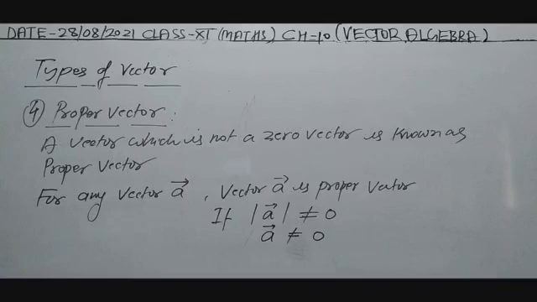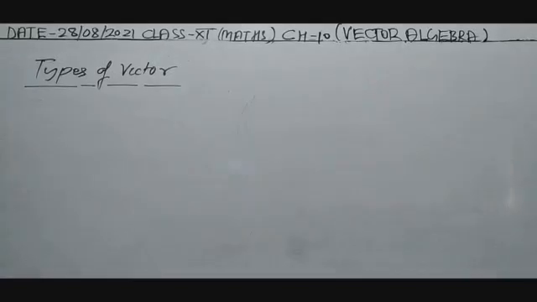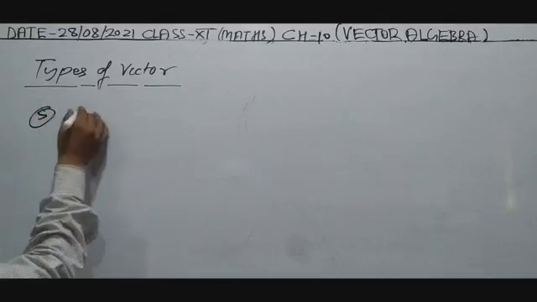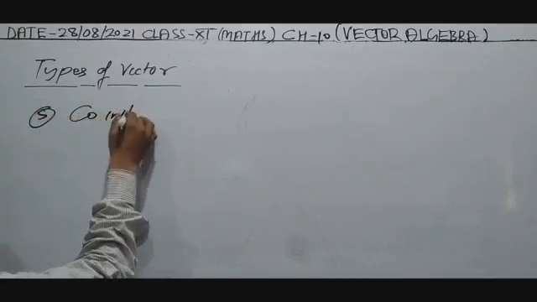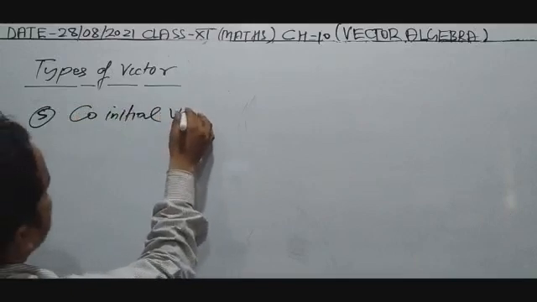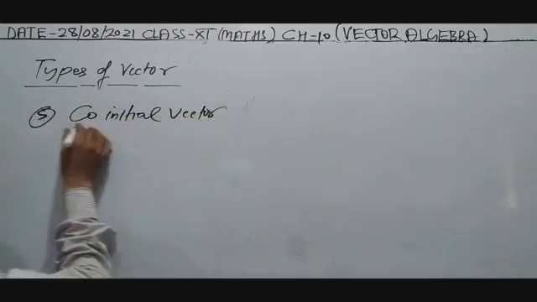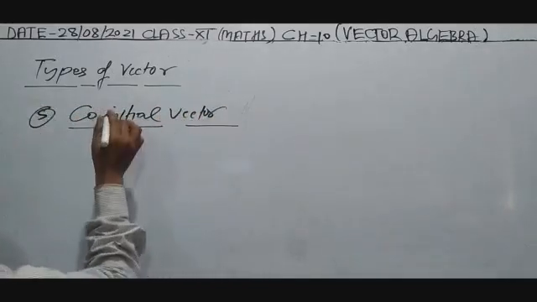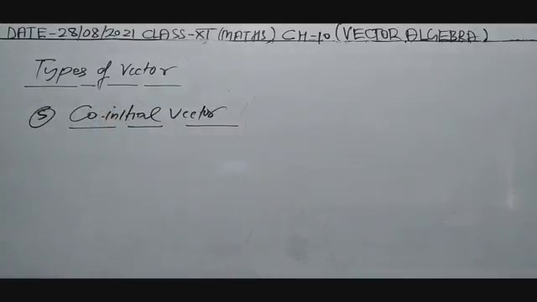Now come to the next definition. Definition number 5: co-initial vector. What is co-initial vector?